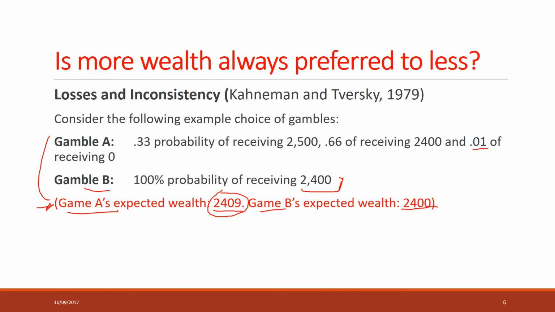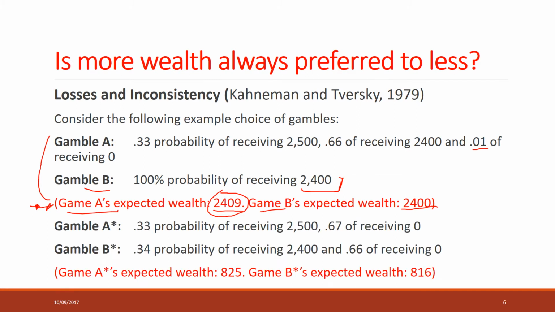So if we are a rational investor, and if our goal is to maximize our wealth, then based on this information, we should be choosing gamble A. Kahneman and Tversky once again repeated the experiment, but they twisted the information a little bit, so they still have the same test participants. Right?